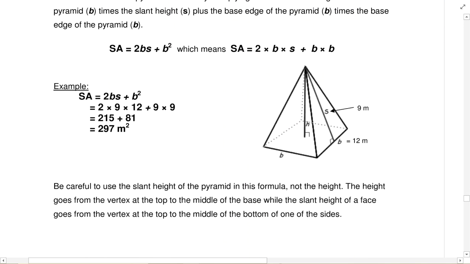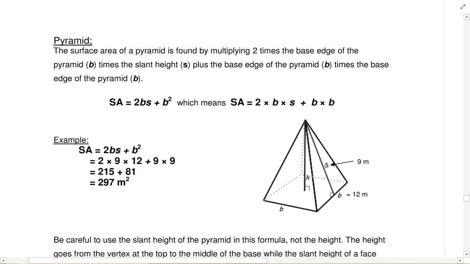Next one, pyramid. Okay, so your pyramid's kind of different. What we're doing is we have 4 triangles. Okay, so one triangle is base times height divided by 2, but since we're timesing it by 4, we get 2bs. So s is your slant height that you have to use again. And that's because the height of the triangle is going up on this slant.